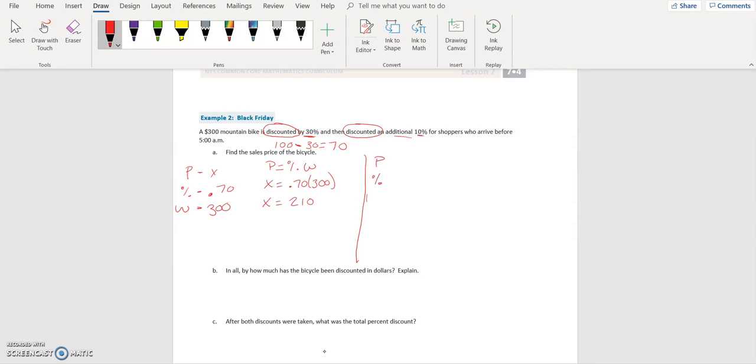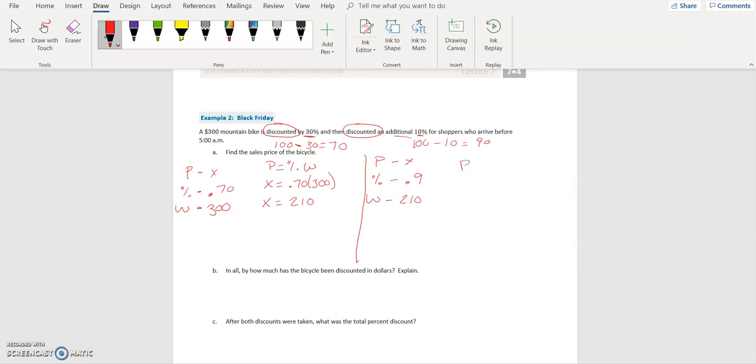So part, percent, and whole. We're having our original taken off 10%. So how much of it am I actually paying? We're paying 90% of it, so 0.9. Our whole is 210 in this case, because we got that 210 from how much it was after the 30% discount.